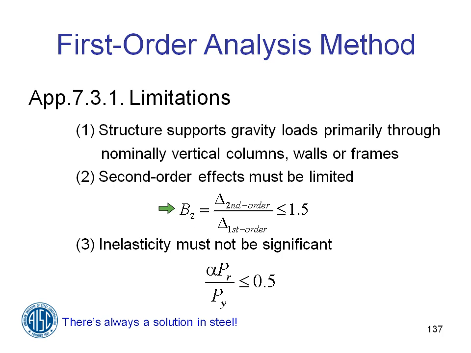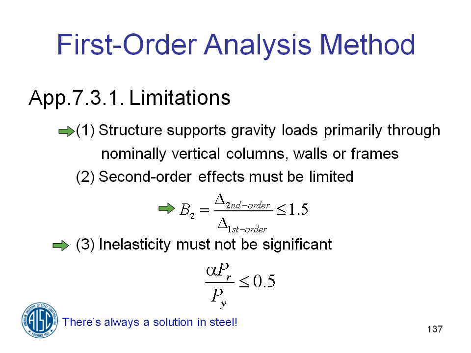In fact, this number 1 is also the same. And then number 3 here, inelasticity must not be significant. That's really the use of tau sub b. And although in the effective length method example that I presented, we did not actually use tau sub b, it could be there if we needed to use it. We can use it in the alignment chart.